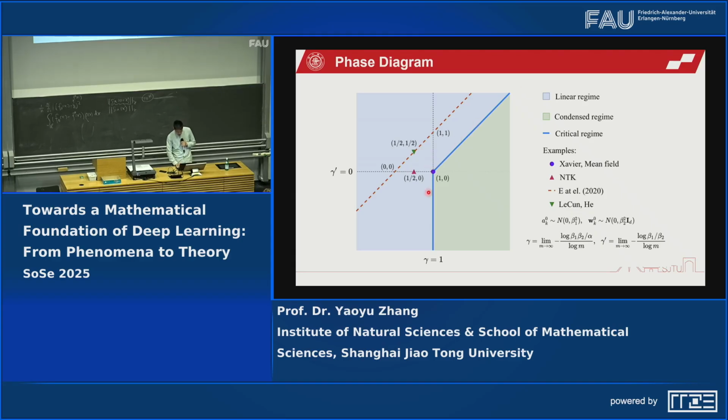In between, there's a sharp transition. There's a point at this transition that is the mean field limit. At the mean field limit, people also observed a certain level of condensation, but not as strong as what I present to you. But this green area is something no one had noticed before our work.